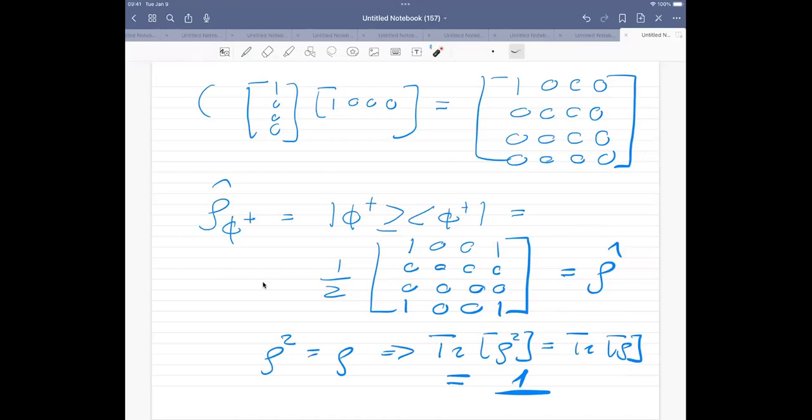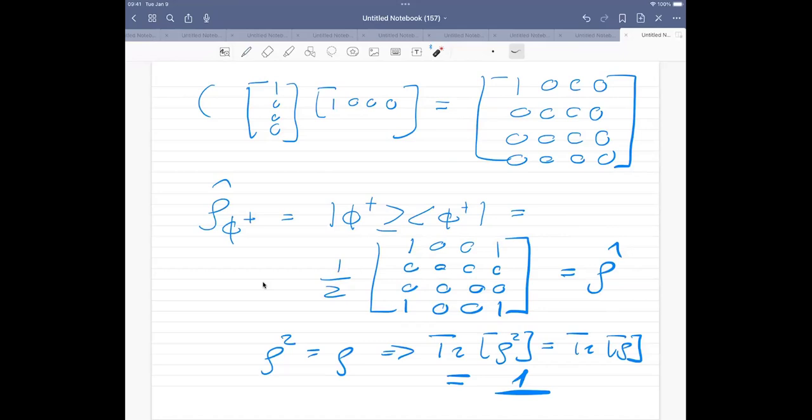If I square it, this matrix is exactly the same, but then I have 1 divided by 4. If I square it, I will get 2 here, 2 here, 2 here, and 2 here. So there will also be a 1/4. I will have 2 plus 2, 4, divided by 4 is 1. And what you see now is that the trace is equal to 1. That is used as a measure for whether you have a pure state or what is called a mixed state. I'm coming back to what a mixed state means.